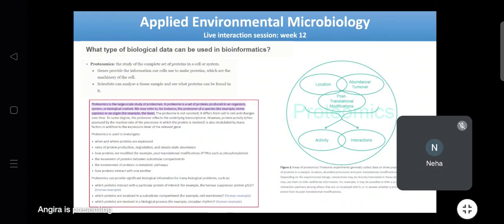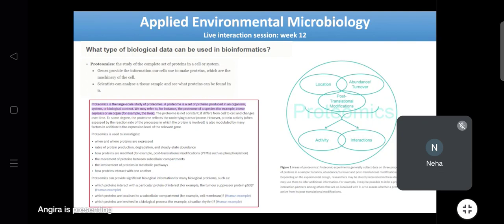So the proteome of a species, for example Homo sapiens, can be a different set, and the proteome of an organ can also be a different set. So when you're talking about a proteome, it can be all the proteins combinedly produced in a particular organism or a particular organ. Now, sometimes the proteome is not constant, and it differs from cell to cell and changes over time.